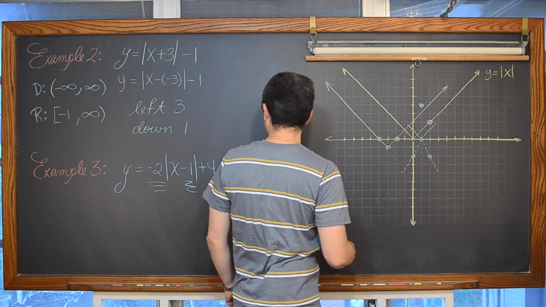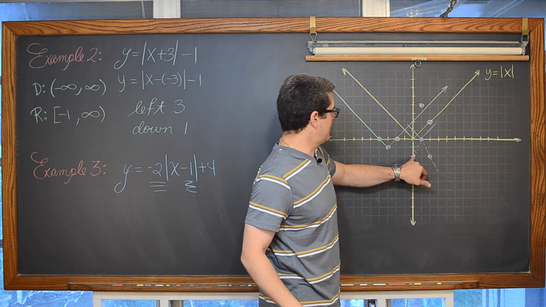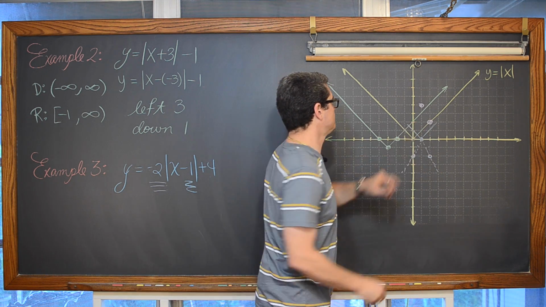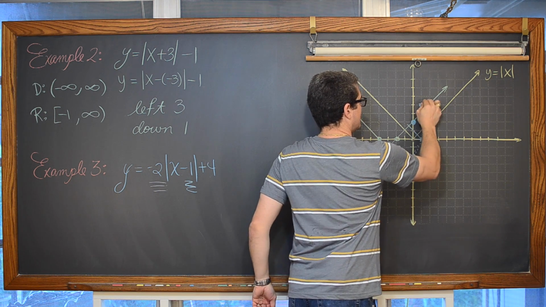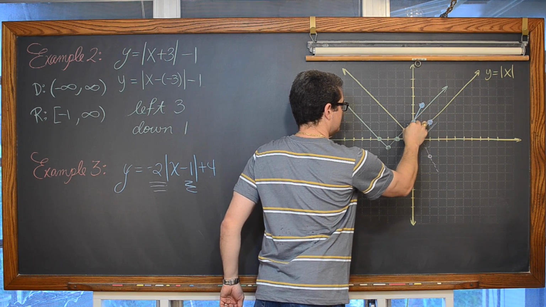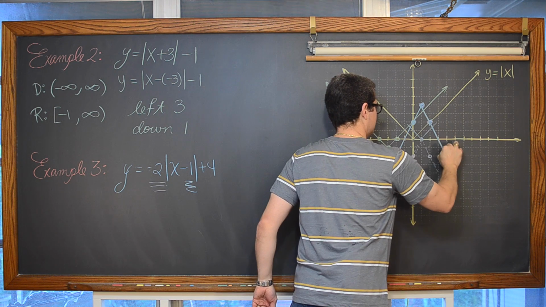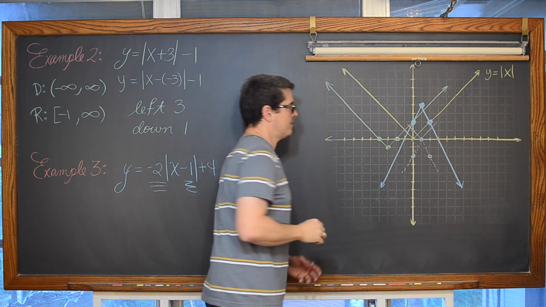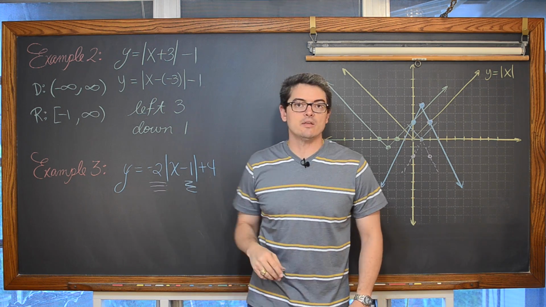And this should be in another color. I think I was going to have my final answer be in blue. And this is going to get moved up 4. I've got a lot going on trying to show you the individual steps, but this is going to be the final sketch of this linear absolute value function.